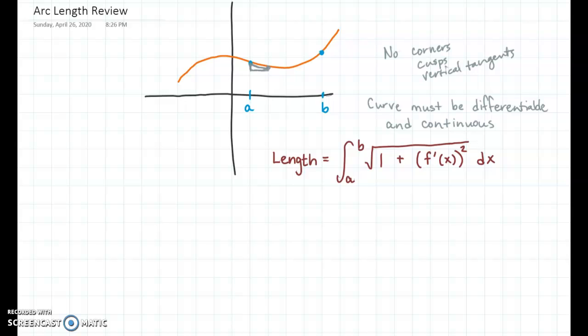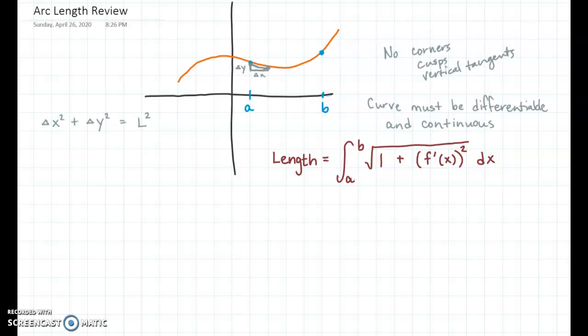The height of that triangle would be the change in y, and the base of the triangle would be the change in x. And since it's a right triangle, we can say that the change in x squared plus the change in y squared would be the length squared.